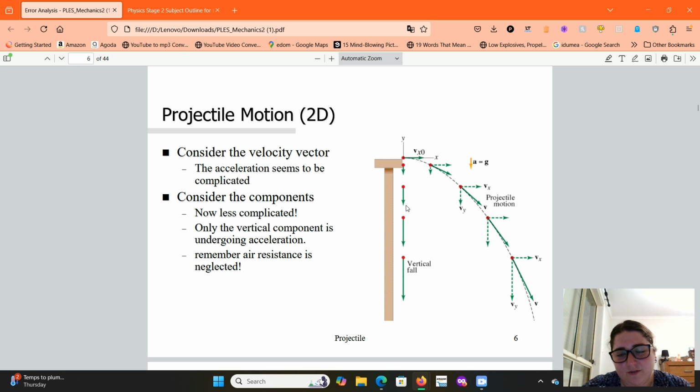The horizontal vector stays the same distance across all these parts here. The vertical velocity changes, it gets longer. Only the vertical component is undergoing acceleration. And remember, air resistance is neglected. Do not worry about it.